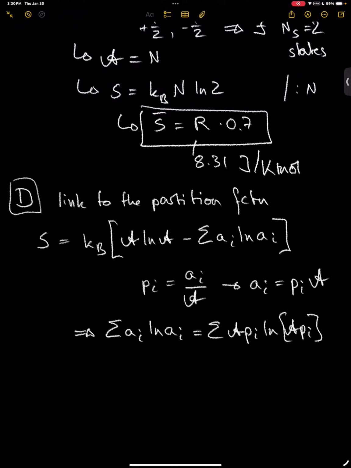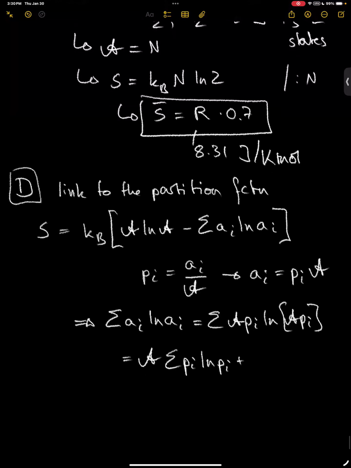Now, I can pull the A in front of this, since it's independent of the state. And I can also apply the logarithm rules, where I have two terms now.